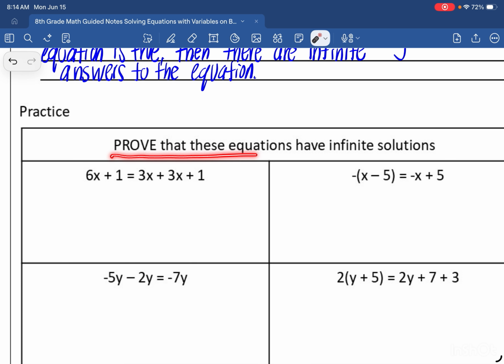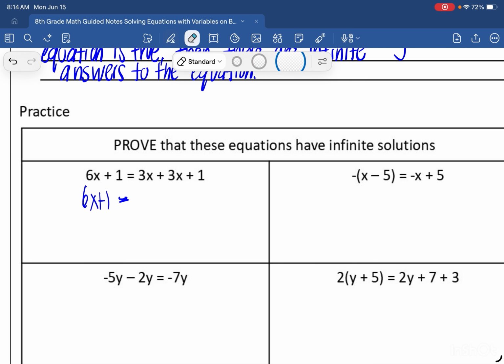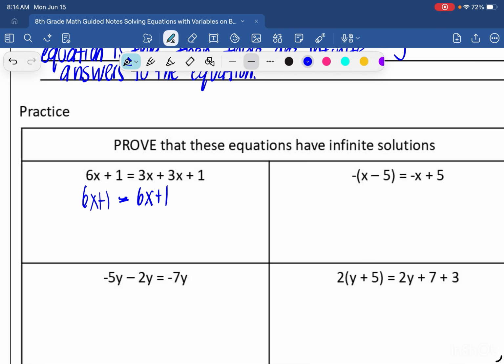Prove that these equations have infinite solutions. So let's go ahead and simplify the right side of the equation. We have 3x plus 3x, which is 6x, plus 1. Now I can see that they are the same expression, but if I go ahead and try to solve it, I subtract 6x from both sides, and then I get 1 equals 1, which is true, so this has infinite solutions.